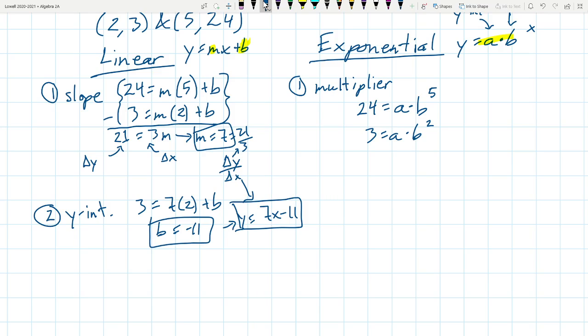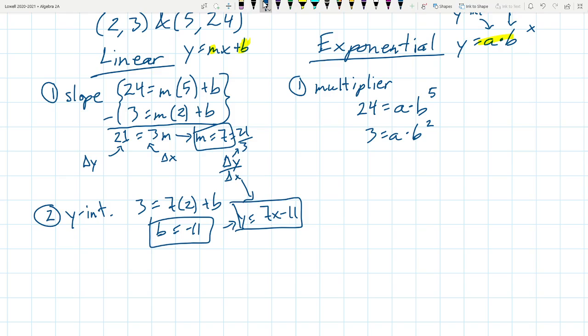How do I solve this? One way is to substitute: I could solve both equations for a and then set them equal to each other. But I could use elimination right away. Instead of subtracting or adding the equations, I could divide them, because as long as I divide both sides by the same number, it's okay.